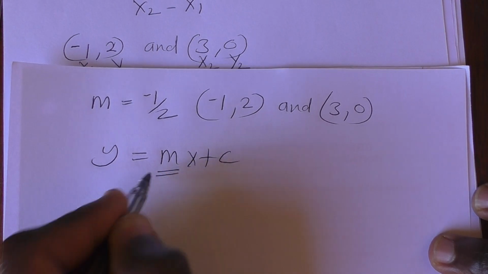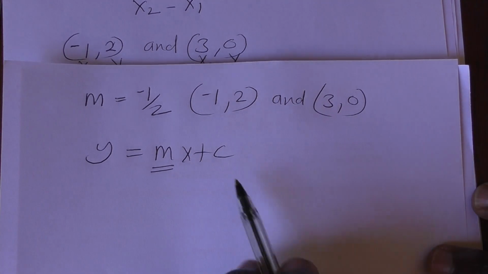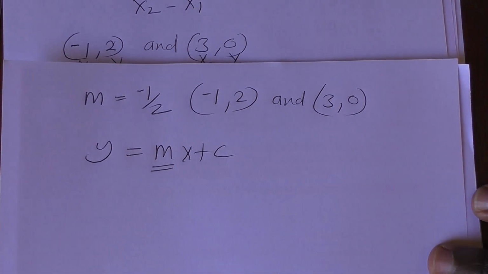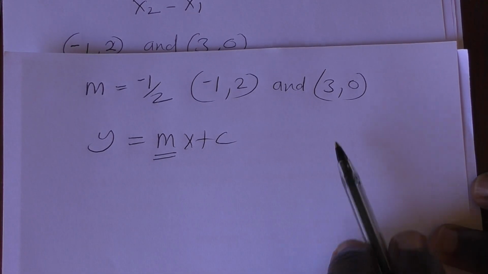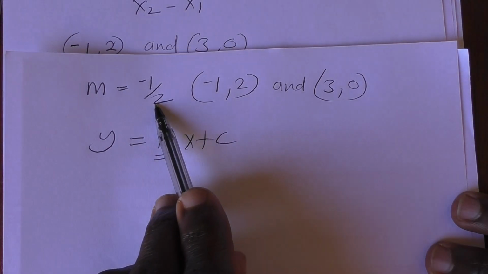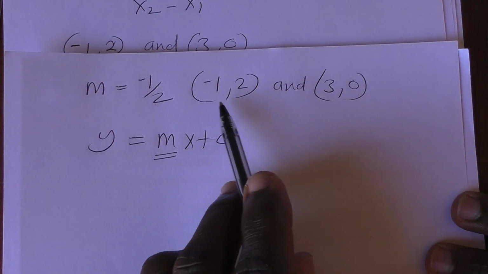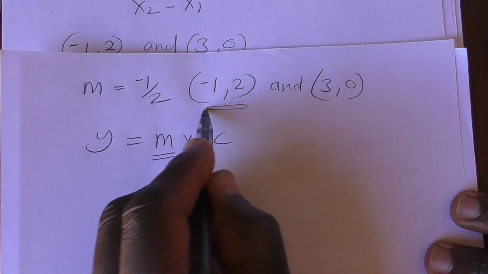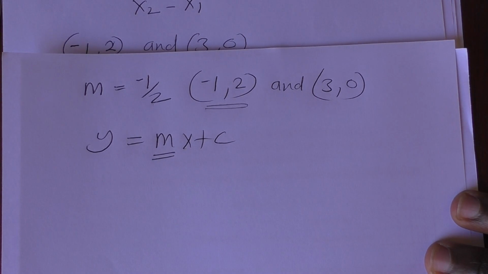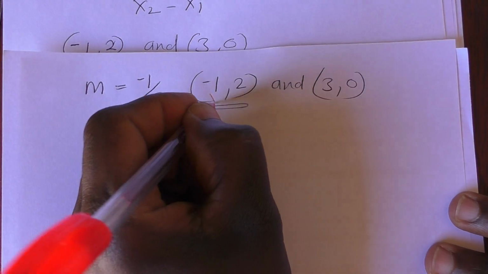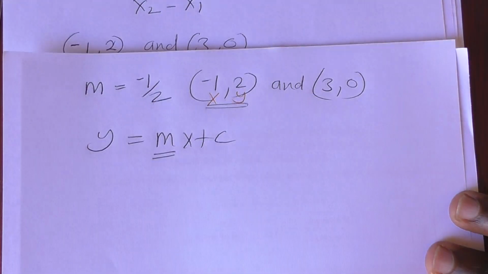We so far have the gradient m. We are looking for c. For us to look for c, we shall consider the gradient and one of these 2 points. For instance, I will consider (negative 1, 2), whereby this will be our x value, this will be the y value.